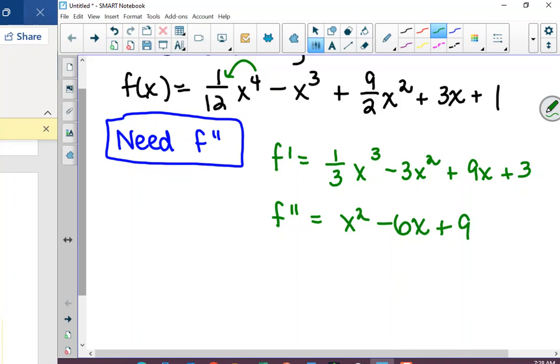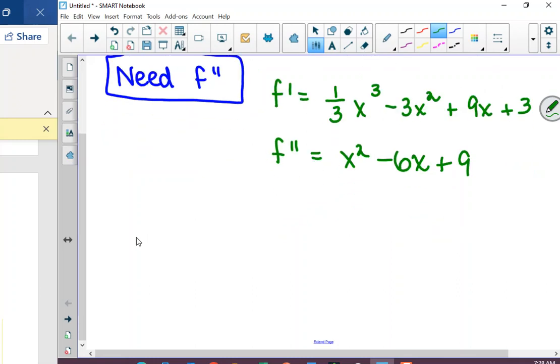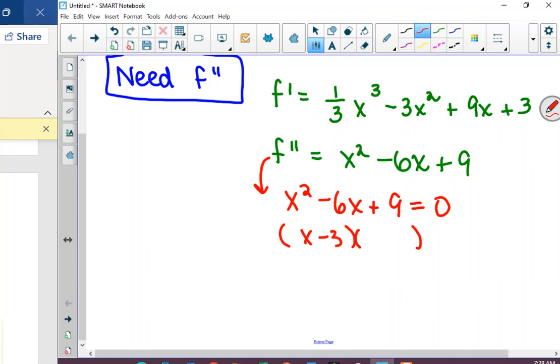Now, this is what I was sort of trying to figure out. I had to go backwards a little bit. I wanted to come up with an example where when you get your second derivative and you set it equal to 0 to get your critical values, you get a double root.